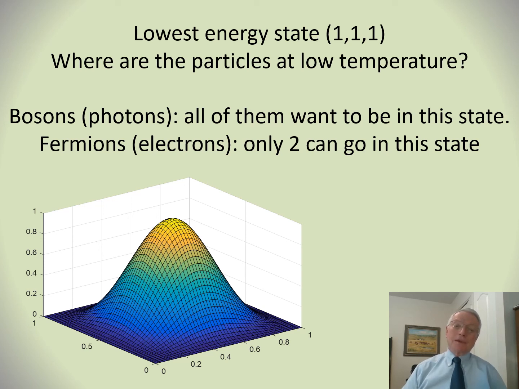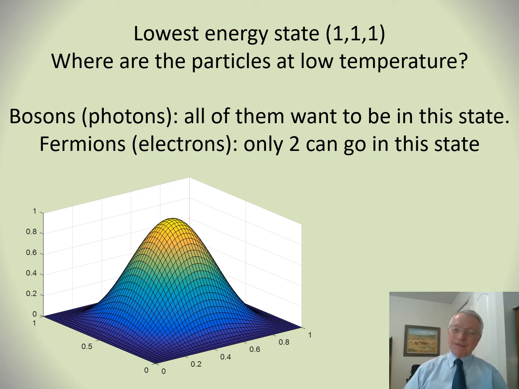So if you had a bunch of photons living in this particle in a box potential well, they would all want to be in the ground state. Now, you might have enough energy in the system, maybe because it's connected to something hot, that some of them would be bumped up into the higher energy states, but where they really want to be is in the bottom state. Everybody likes to be in the lowest energy state, right?